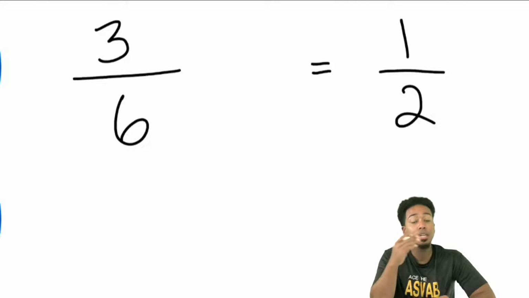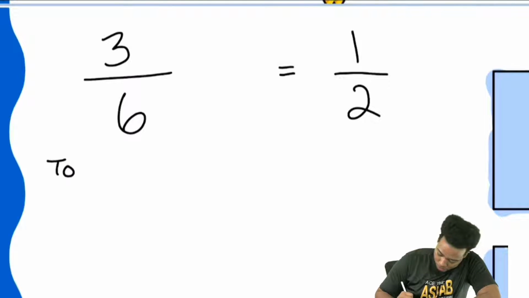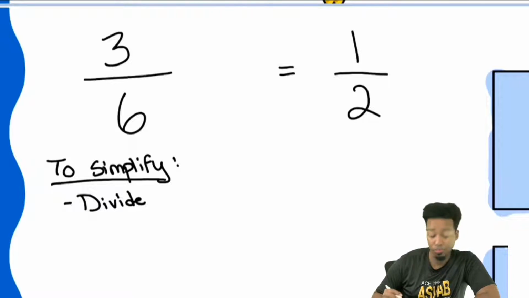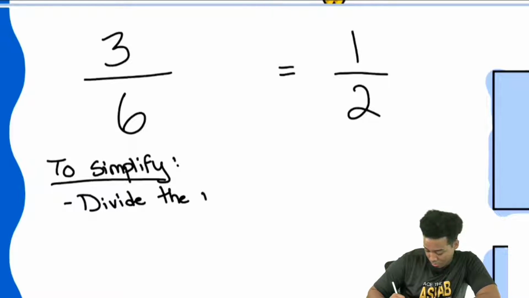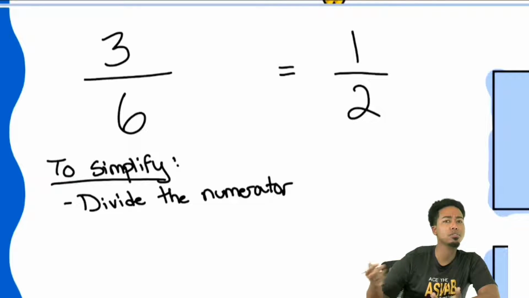And here's how. To simplify a fraction, and write this down if you'd like to: to simplify, divide the numerator and denominator by the same number. Divide the numerator, and everybody help me out. The numerator is at the top or the bottom? Quickly, help me out, please. Thank you. The numerator is the top.